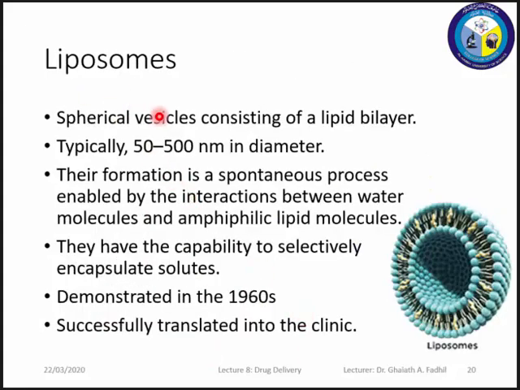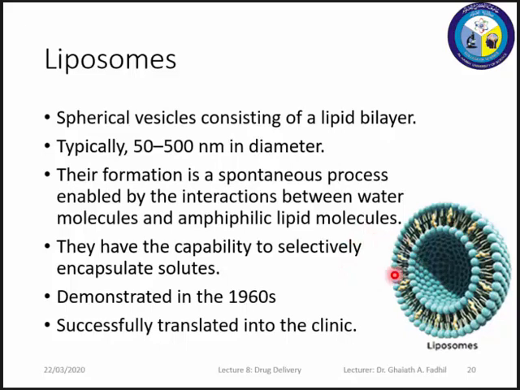Liposomes are the most common ones. They are the most studied, and I think they have been used in reality for drug delivery. They are mainly spherical vessels consisting of a lipid bilayer. Their size is between 50 and 500 nanometers. You can create liposomes in the lab.